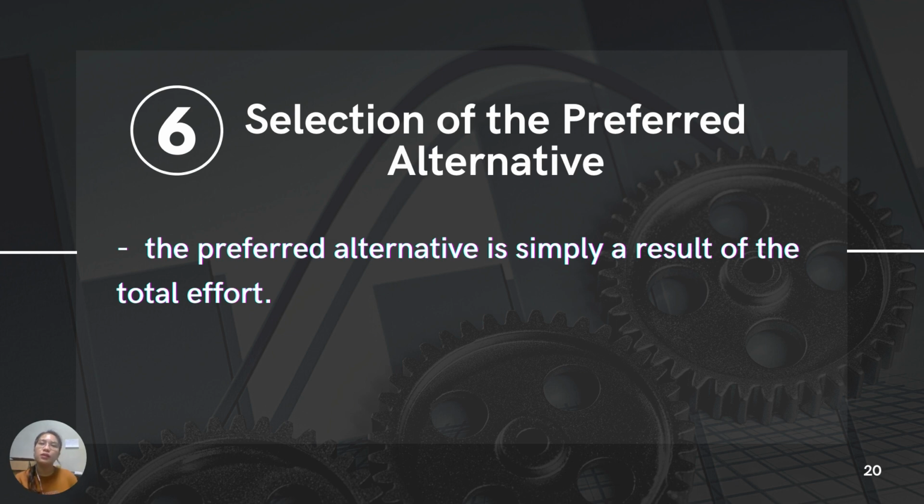When the first 5 steps of the engineering economic analysis procedure have been properly executed, the preferred alternative is simply a result of the total effort. So, murag makuha na nimo siya dira.